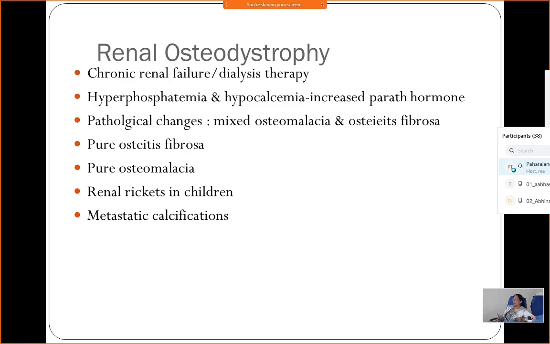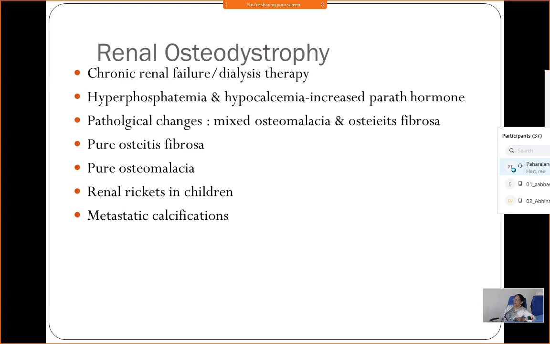As I said, all the things that happen with hyperparathyroidism will happen in a patient with renal failure, because this is secondary hyperparathyroidism. At the same time, the active form of vitamin D is made in the kidney. So if the kidney has failed, even if the person has vitamin D, it will not become the active form.